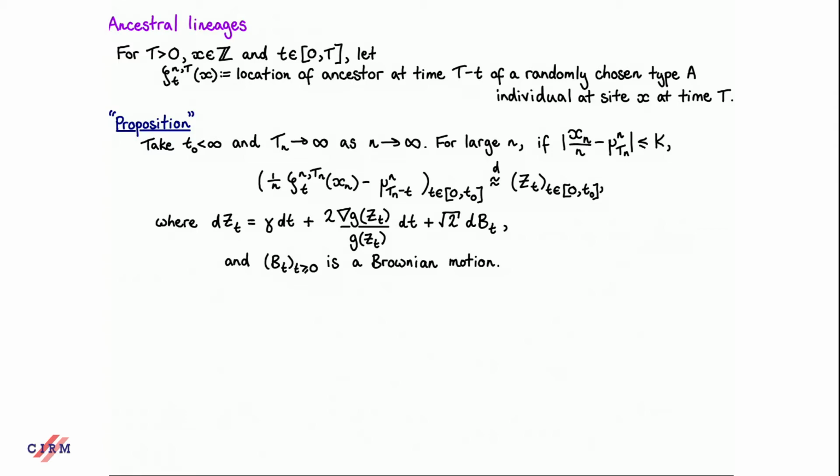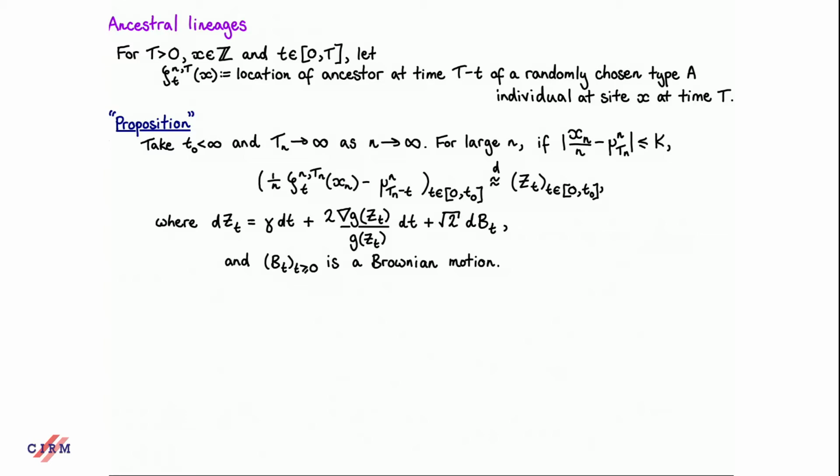So it turns out that if we rescale this location by 1 over n and then recenter it by the position of the random traveling front, then it behaves roughly according to a diffusion. So this result is sort of morally true, and what we actually prove is slightly different.